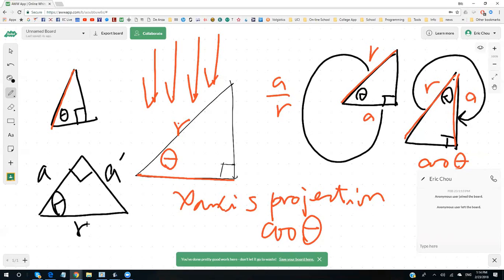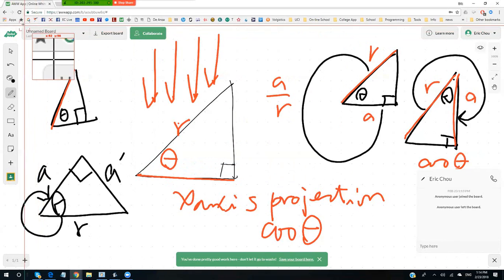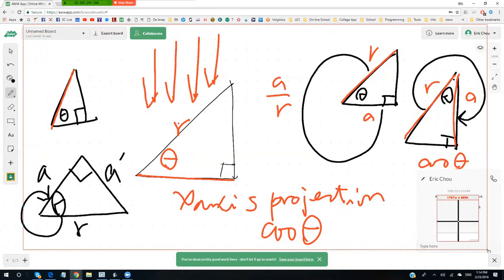This is r. Cosine side is A. Okay. So you can always find it by cosine. Now let me talk about sine. This one is called cosine. We have a good enough understanding of cosine.